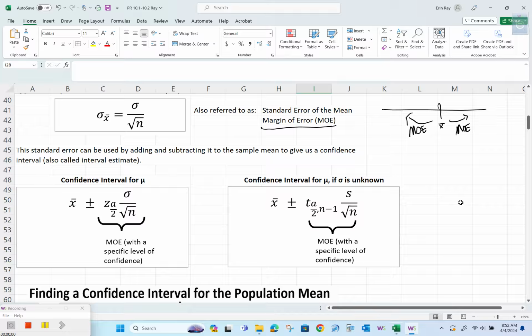So we're going to have 2 different formulas today, and I've been talking about z-scores because that's what we know right now, and that's what we've been doing. So we're going to start with the confidence interval for when it's a z-score, and then we'll come back to talk about if we don't know some of the information and where this t is kind of coming from.